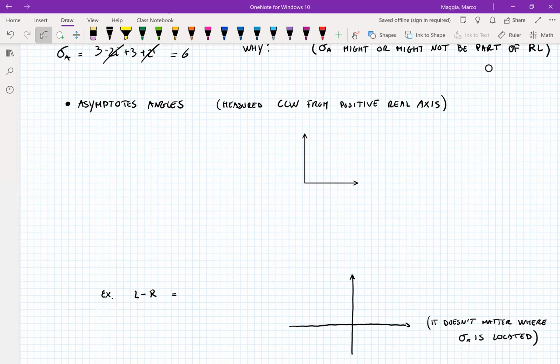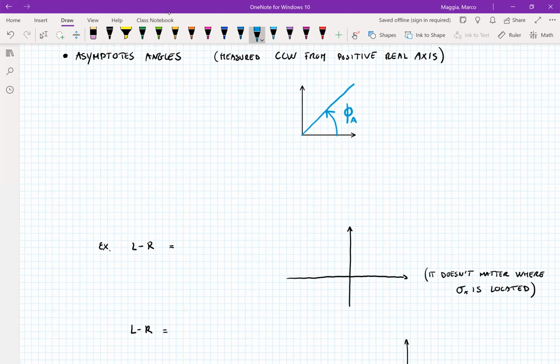Then the angles are measured with respect to the positive real axis. We're going to call it phi of A, for asymptotes. And there's also a formula for this.